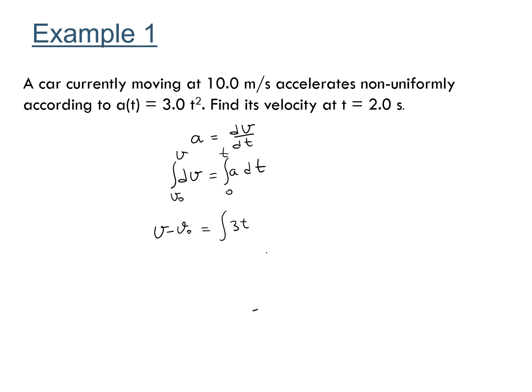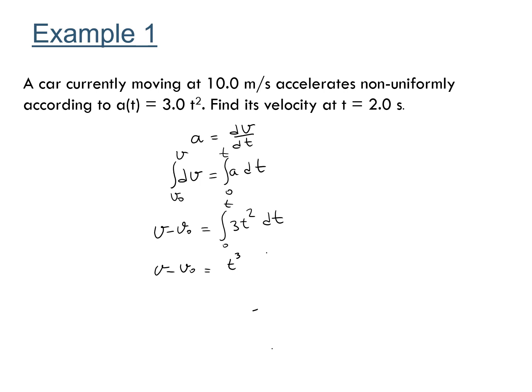The integral of 3t squared from 0 to t dt, and v minus v0 is equal to t cubed over 3 times 3, so we have t cubed, and from the limits of 0 to t, it's just going to be t cubed.